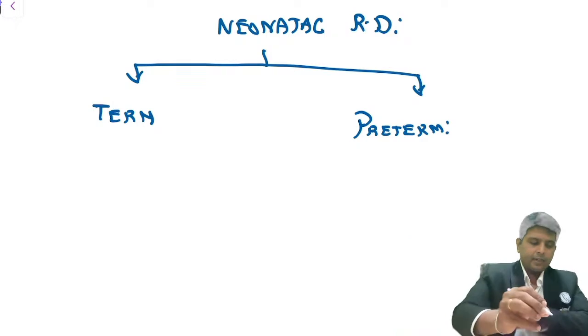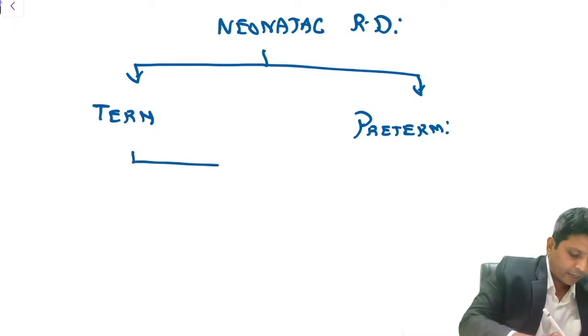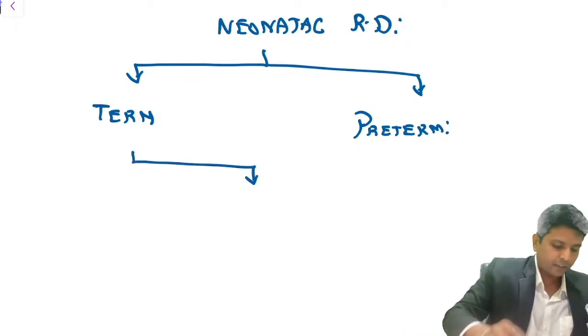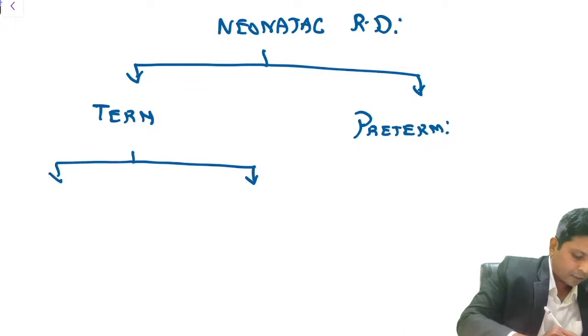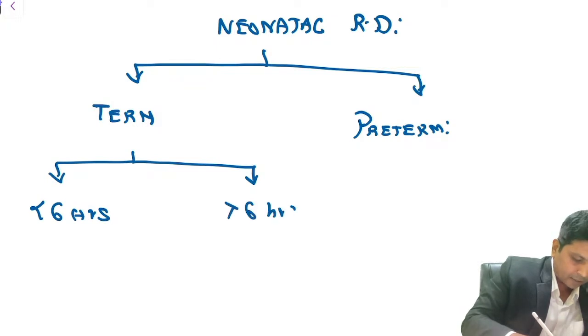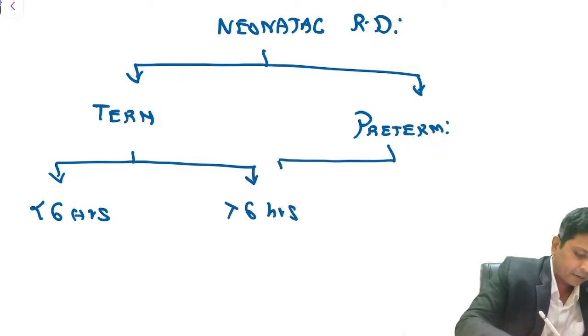If it is a term baby, then you need to see whether the onset of respiratory distress is less than 6 hours or more than 6 hours. In the same way, in preterm, whether it is less than 6 hours or more than 6 hours.